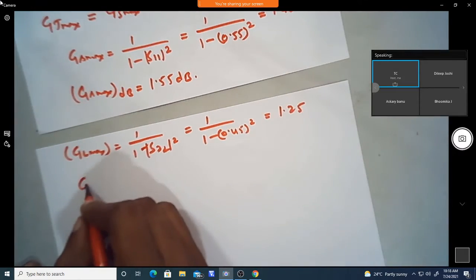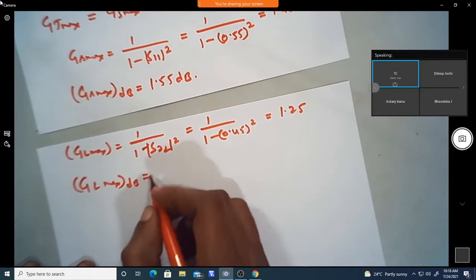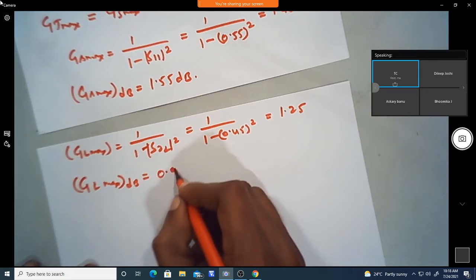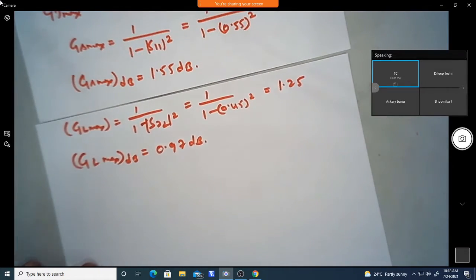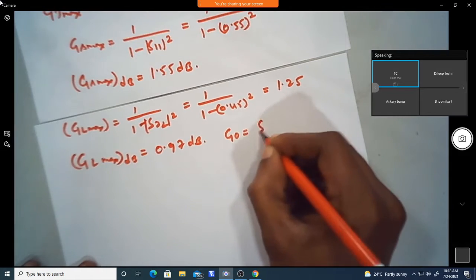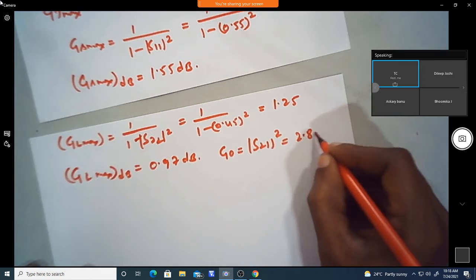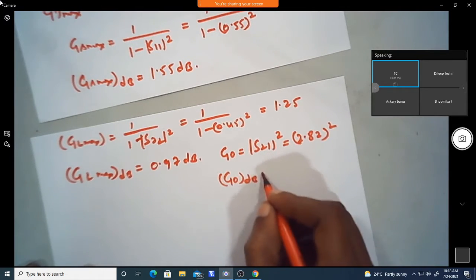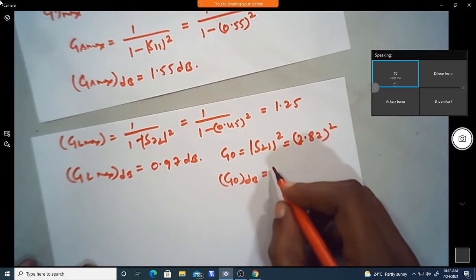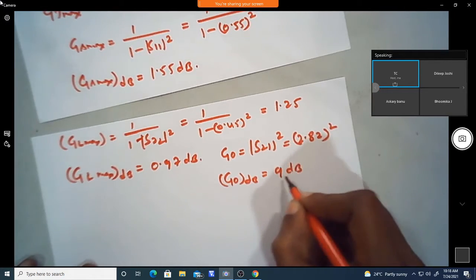In terms of dB, GL max you will get 0.97 dB. Now G0 is nothing but S21 square. The S21 value is 2.82 square, and G0 in terms of dB is 7.9, which is around 9 dB.